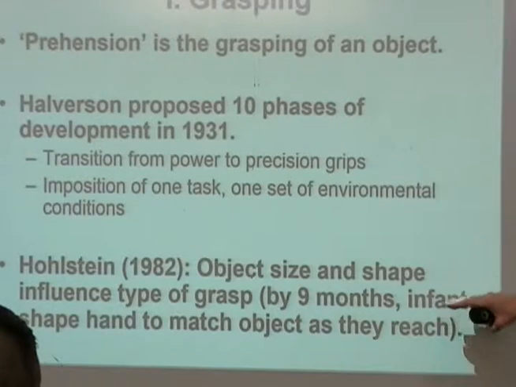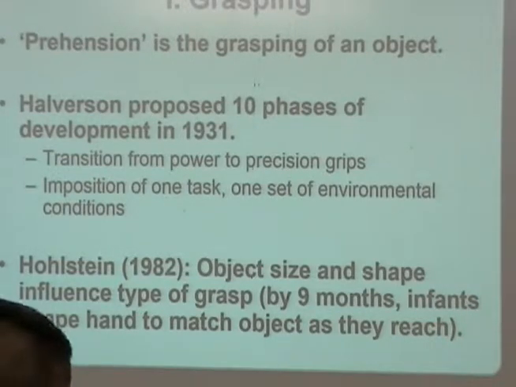And by 9 months, they were able to change the shape of their hand accordingly to the thing that they were going to pick up. So now people started going, well, maybe it's nothing to do with the neuromuscular system.